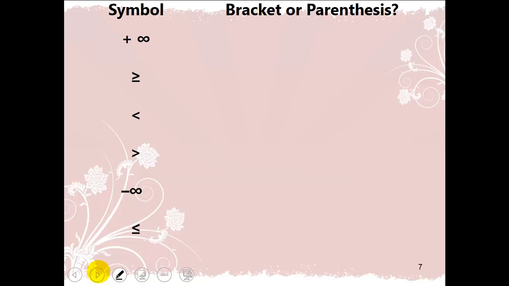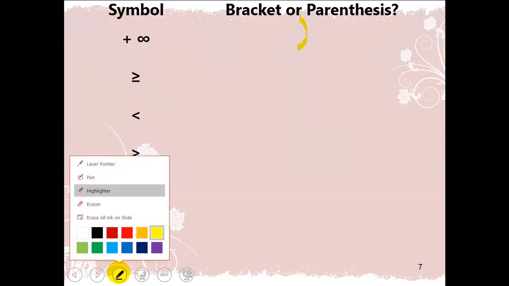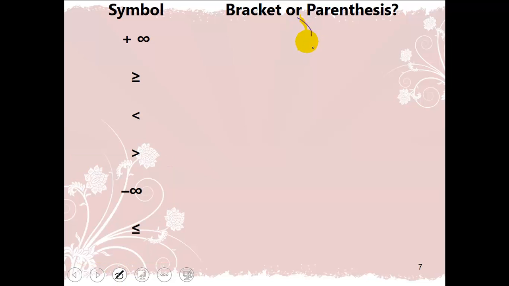So let's just go through what we would use in each one of these cases. If you had a positive infinity, you're going to use a parenthesis because infinities always use a parenthesis. This one is going to be a right parenthesis. With a greater than or equal to, you're going to use a bracket.